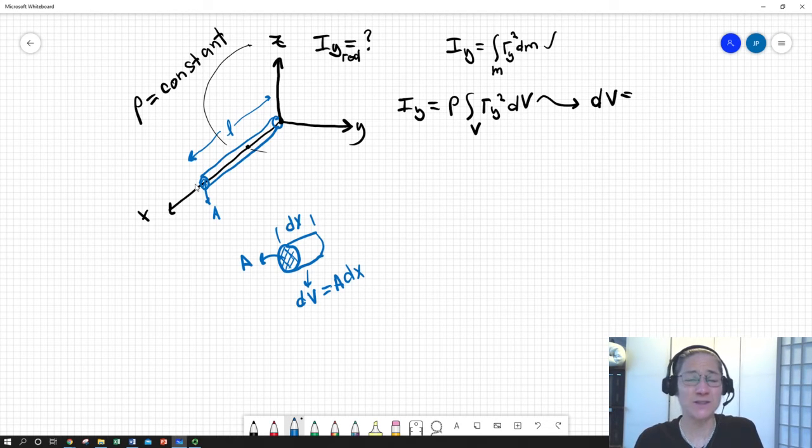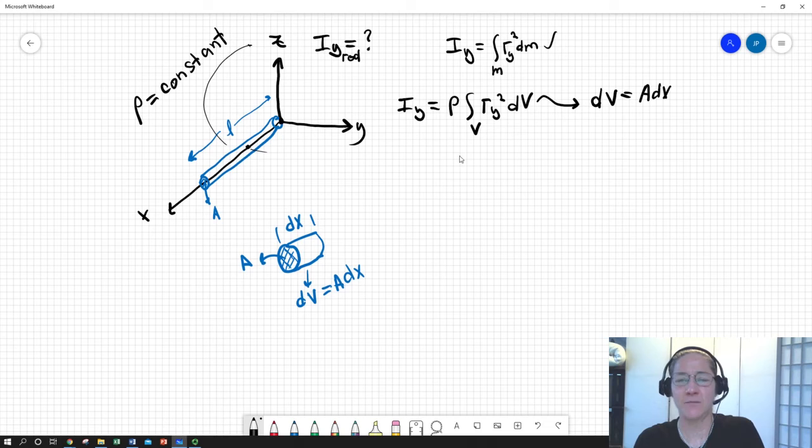Well, the length is in the x direction, so dV is A times dL, a little length element, but our dL is dx. And A is a constant with x. So we can say that our volume element dV is A dx.